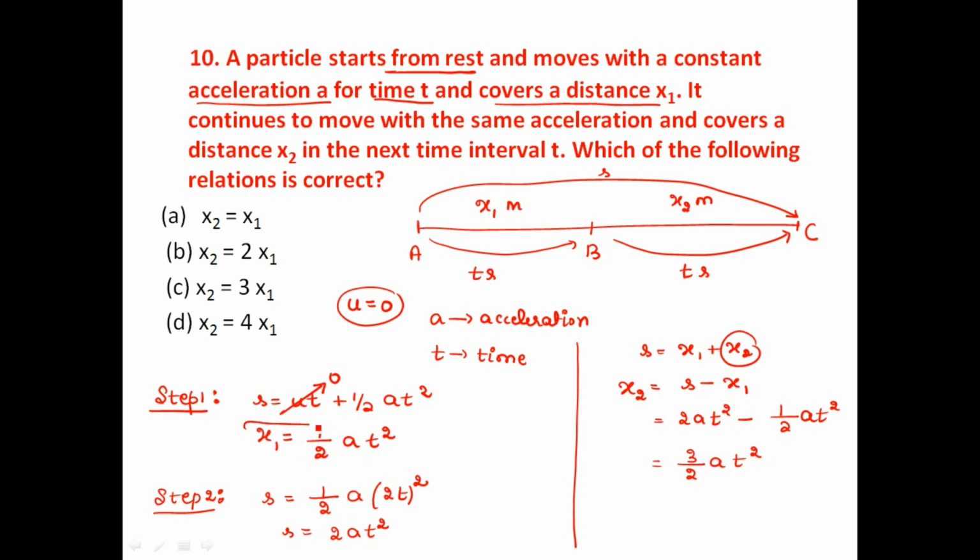But here we have noticed that x1 is equal to half at square. So half at square is nothing but x1. x2 is equal to 3 times x1. Hence, which is the correct option among the 4 given options? It is option C. Here we have option C, which is the correct one.